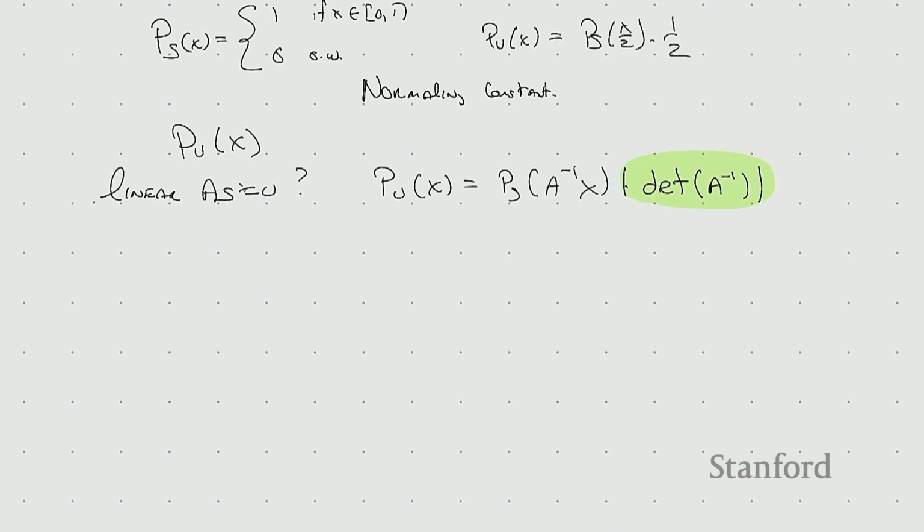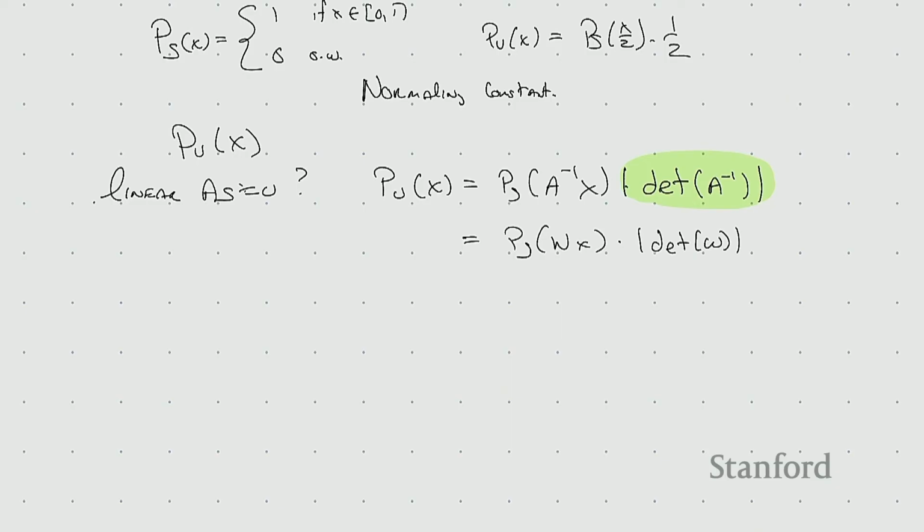This you probably learned as your change of volume integrals formula, times the determinant of W. Now the thing that I used here was the fact that 1 over the determinant of A is equal to the determinant of A inverse.